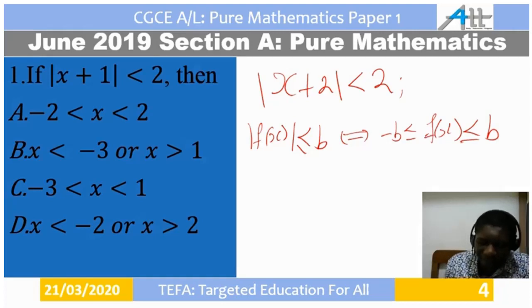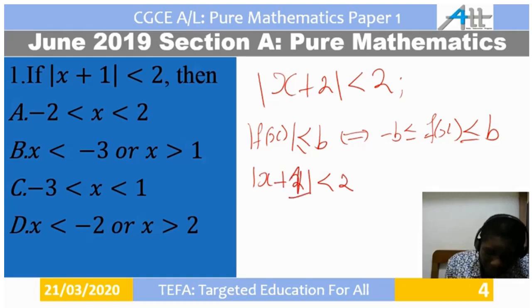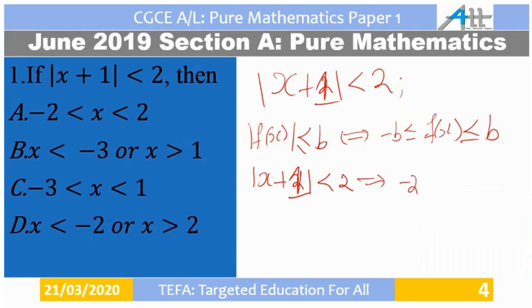So that is the definition that we are going to use here. So the absolute value of x plus 1 less than 2 simply means that -2 is less than x plus 1 less than 2.